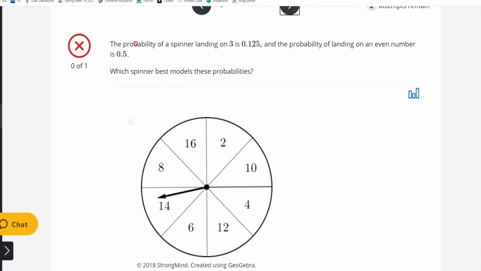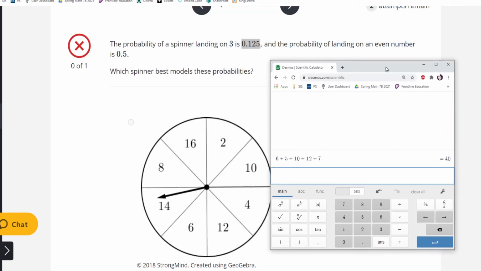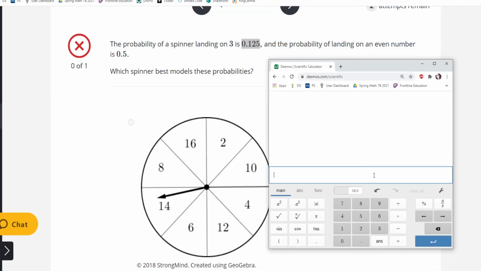All right, next question says that the probability of a spinner landing on a 3 is 0.125, and the probability of landing on an even number is 0.5. Which of these spinners best models this probability? All right, well, right now I want to type in this 0.125 into my Desmos, because I want to know what that is as a fraction if you don't already know it. 0.125, hitting this fraction button, is 1 over 8.